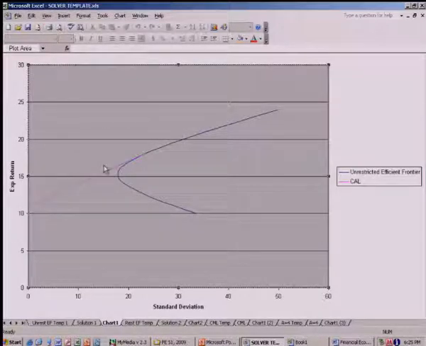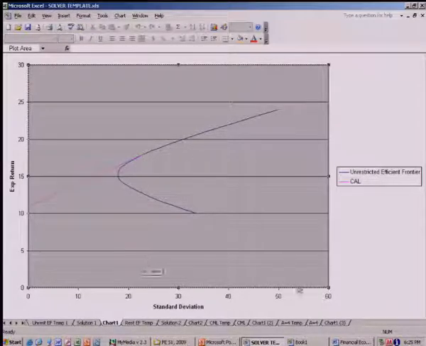from the point on the y-axis to the tangency point, but if you want it to go all the way to the right, you will need to give it a new set of information. For example, what I normally do, so I've seen people use different techniques, but I'll show you what I use. I will randomly pick a value for a standard deviation that is higher than the one that we just calculated for the optimal portfolio that's tangent to the efficient frontier.